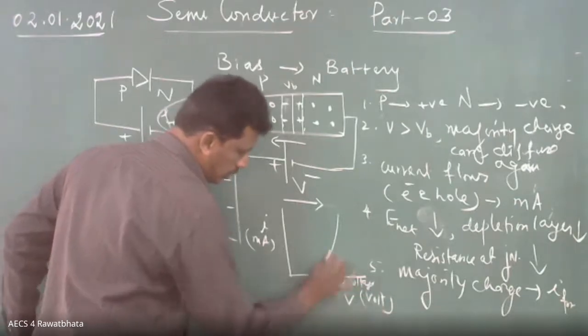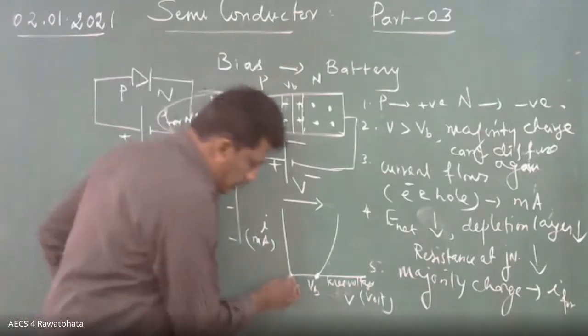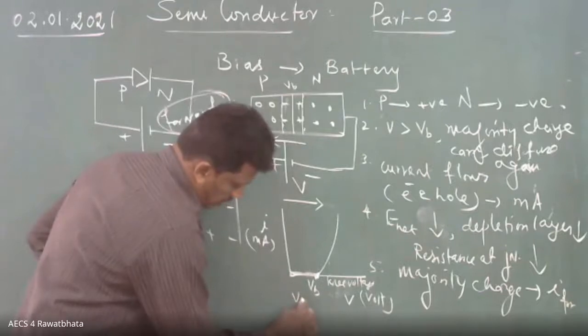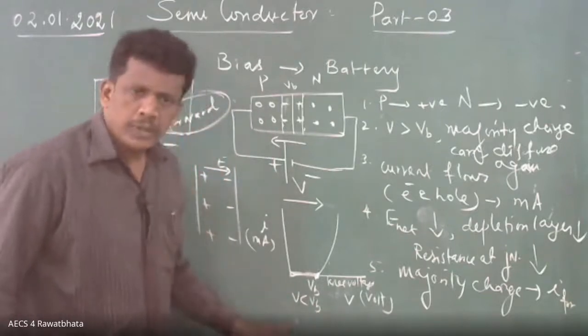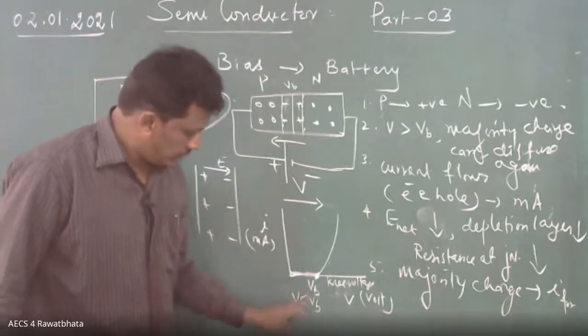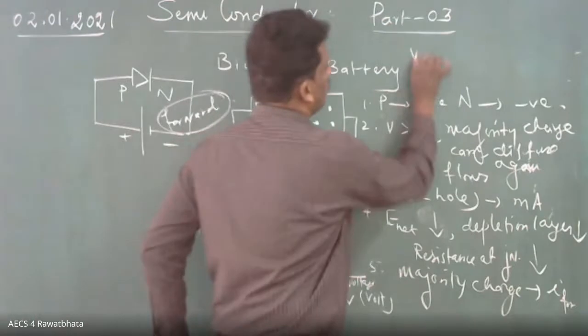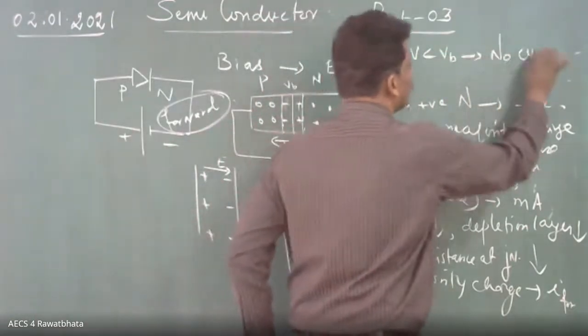It is going like that. Now you see, up to this portion, why no current? Here V is less than VB. V less than VB, no current.